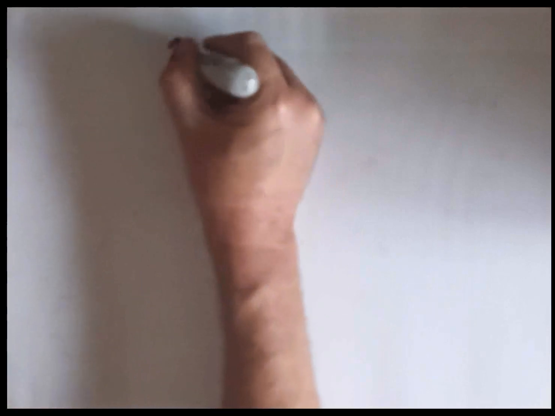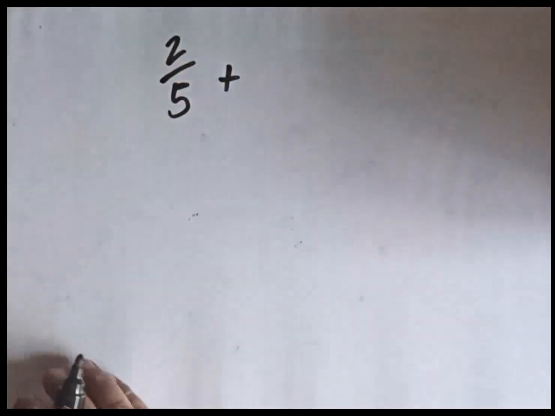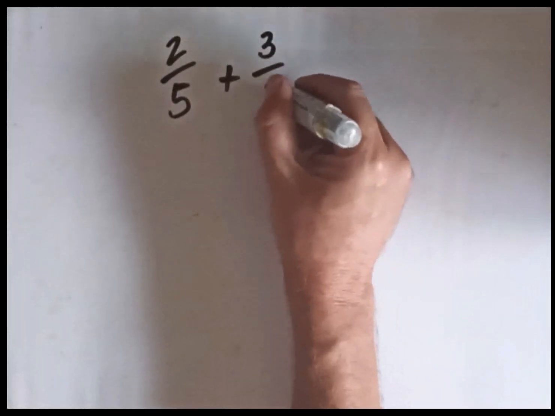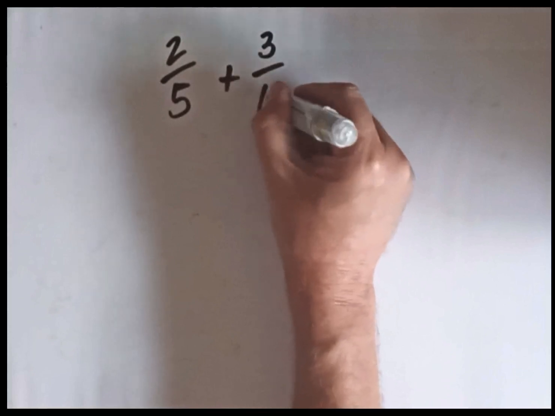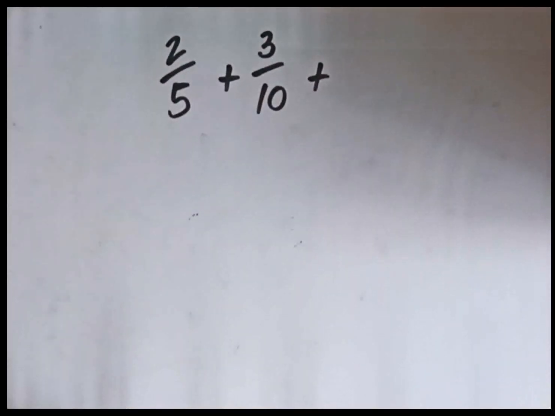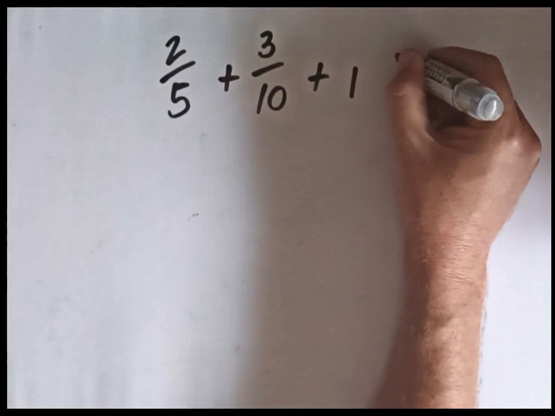Now we know that a fraction, for instance, is 2 over 5 plus, let's call it, 3 over 10, and we're going to add a mixed number. Now a mixed number is a fraction with a whole number.